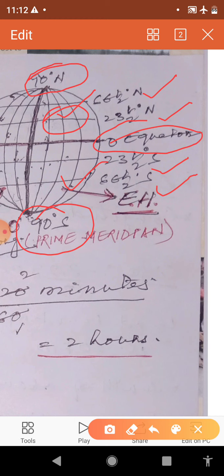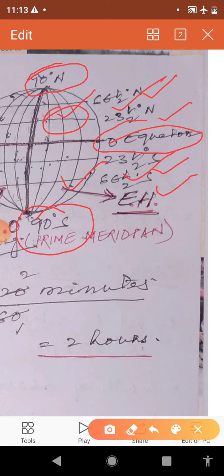Between 23.5 degree north to 66.5 degree north, and 23.5 degree south to 66.5 degree south, these two zones receive moderate temperature, and these two zones are known as temperate zones, or you can call them the northern temperate zone and the southern temperate zone.